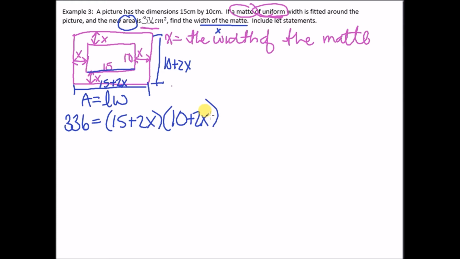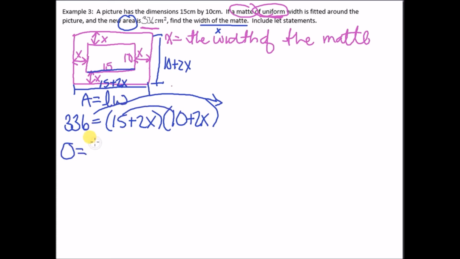Okay. And we've already seen a question like this before, where we have a factored equation, but it equals a number. So what we have to do is bring over that number and expand everything, because we have to bring this 336 over, it'll become negative 336, and then incorporate it into this expression. So let's go ahead and do that.